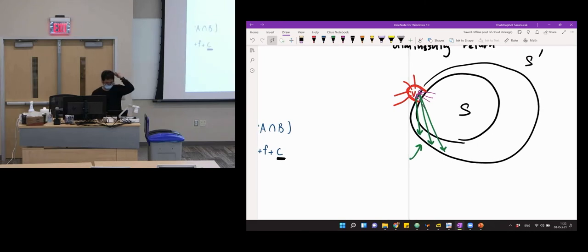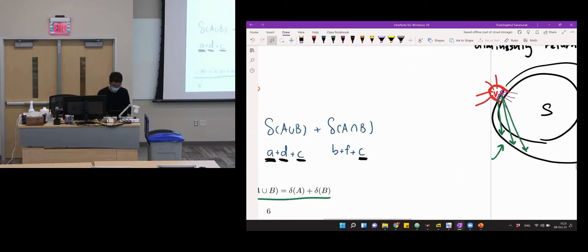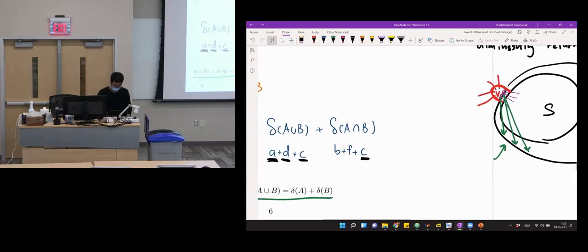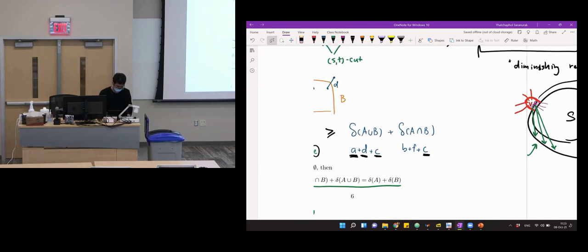When you move V to S, the cut size drops by the pink amount. But it increases by the green amount. So let's say pink are more. Pink and green are independent, so it need not satisfy any inequality.